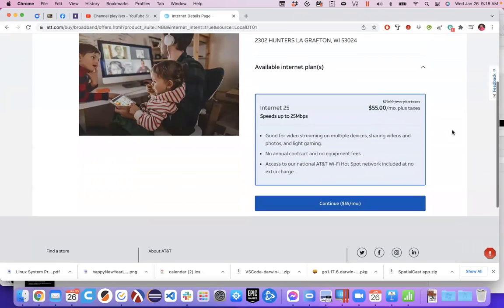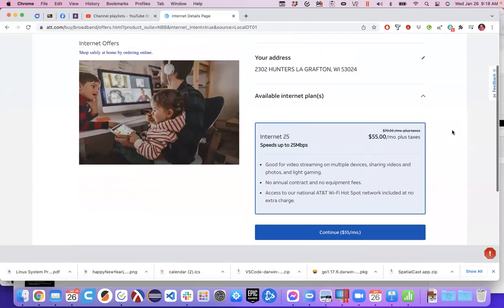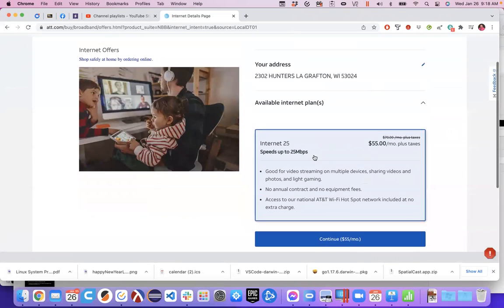All right, so this is what I was looking for. First of all, notice that where I live, which is not in the boonies, I live 7 minutes from campus in a city, I have fast cable modem where I'm at. I can get speeds up to 25 megabits per second.